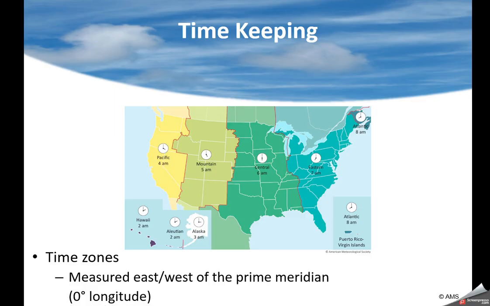However, if I'm looking at that weather map I just showed you, I want all the weather to be exactly at this time. So that means that if I looked at 7 a.m. weather, then I'm looking at 6 a.m. Central, 5 a.m. Mountain, or 4 a.m. Pacific. And if I'm over in England, it's actually 5 hours different from here.